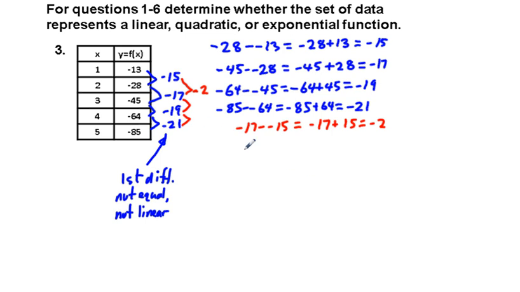Next, we have negative 19 minus negative 17, which equals negative 19 plus 17. What is that? Negative 2. And lastly, we have negative 21 minus negative 19, which equals negative 21 plus 19, which equals negative 2.